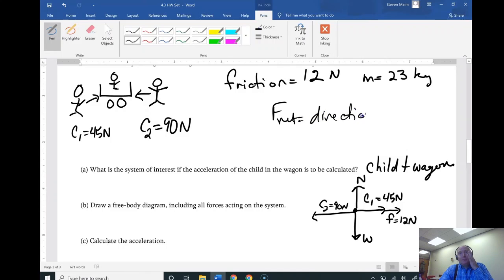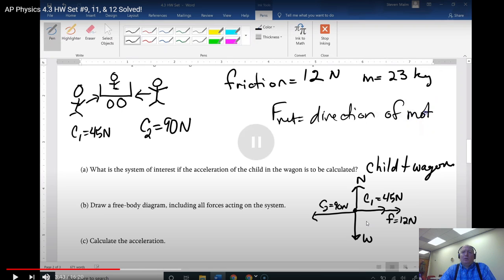And it's going to be the thing with the largest force. So, okay. So that absolutely makes sense in the context of this problem, no question about it. It's not always true, though, right? Because if it was already moving and you're slowing down, your net force is not in the direction of motion.